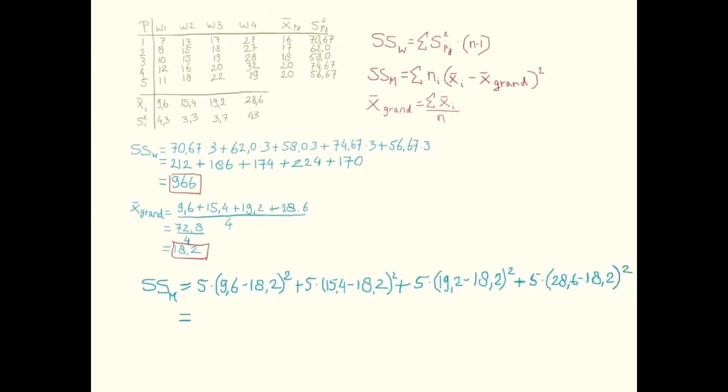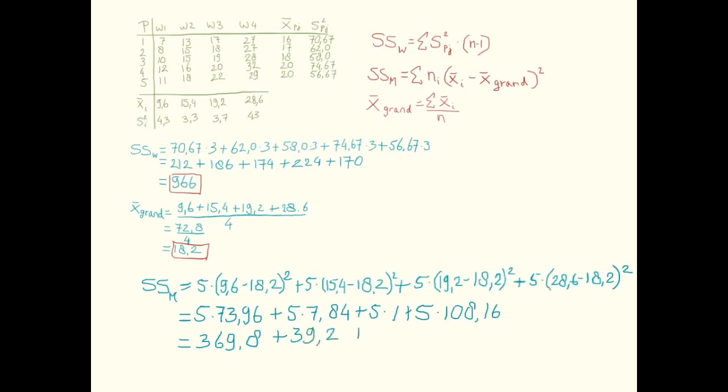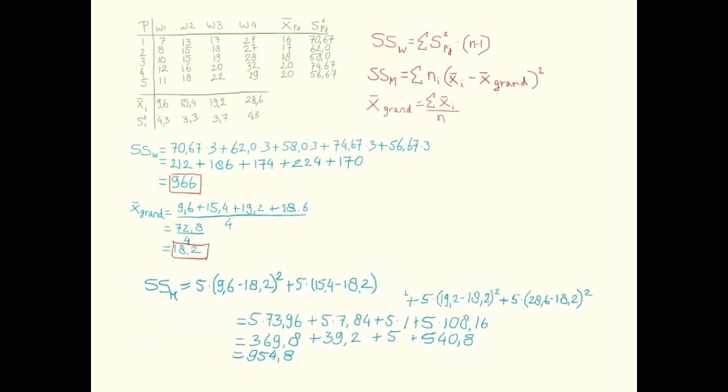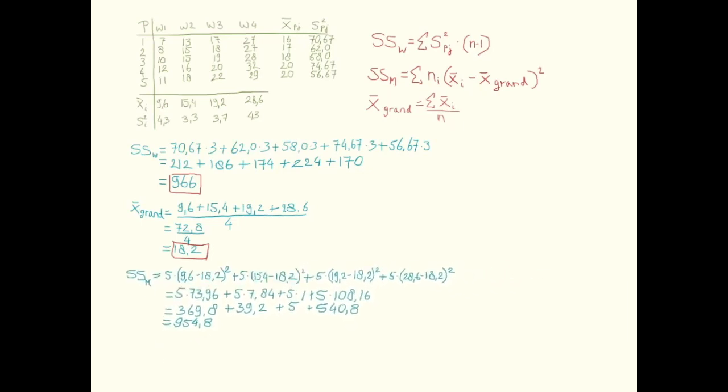This equals 5 times 73.96 plus 5 times 7.84 plus 5 times 1 plus 5 times 108.16. This equals 369.8 plus 39.2 plus 5 plus 540.8. And therefore, the sum of squares model equals 954.8. To make space for the next calculation, I will move this to the side.